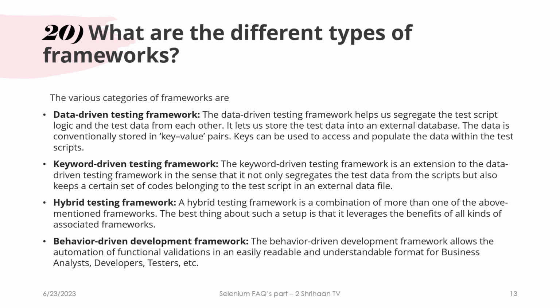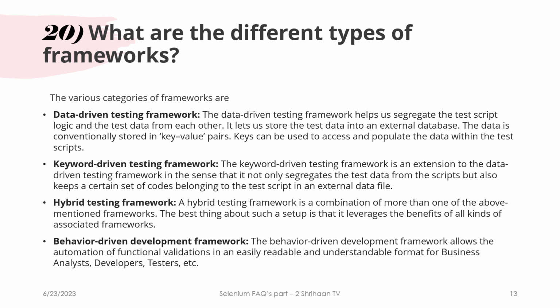Here it allows automation of functional validation in an easily readable and understandable format for business analysts, developers, testers, etc. So everyone will understand, not only the QAs, not only the developers, even the business analysts can understand. They use the Gherkin language in behavior-driven development. So it is the easiest framework that everyone can understand.